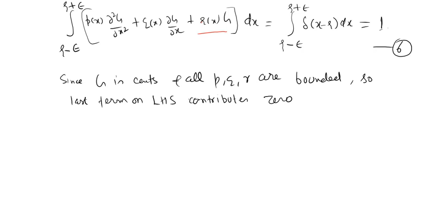In a very small portion, the integral contribution is 0 because everything is bounded. If one of the coefficients is unbounded, then you cannot say the integral is 0.